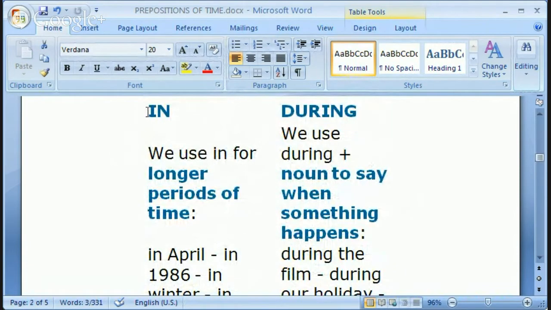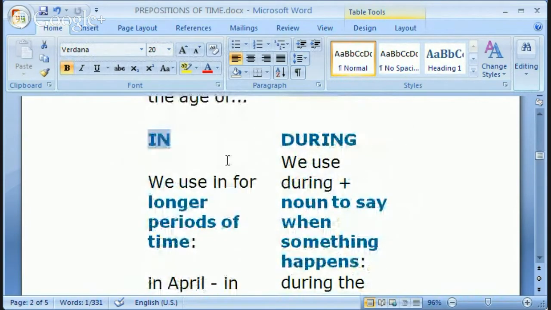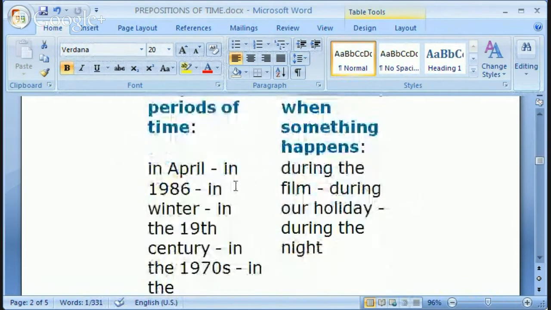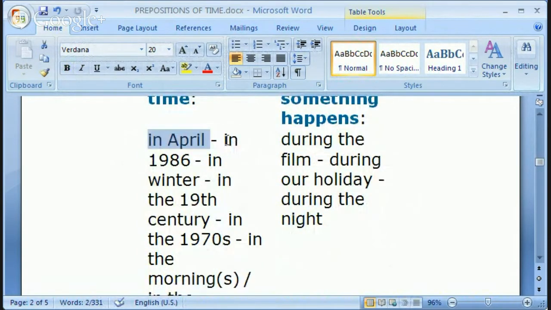Now let's talk about in. It's associated with during, but first things first, we're going to look at in. We use in for longer periods of time. For example, in April, in 1986, in winter, I talk about a whole season.